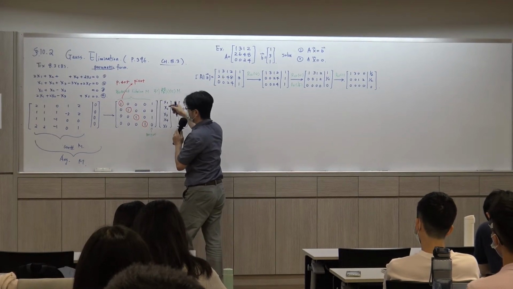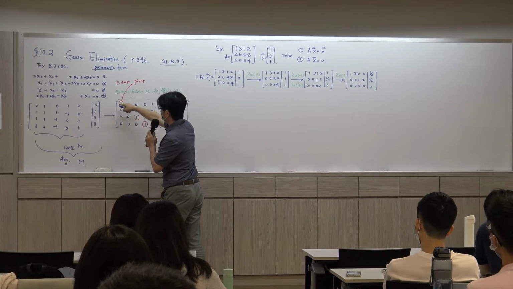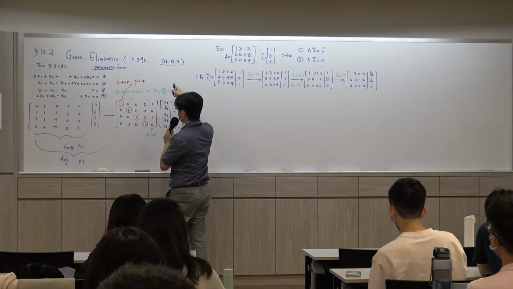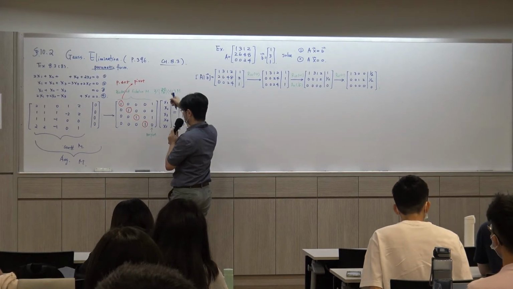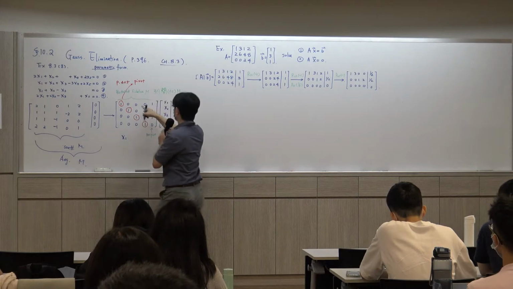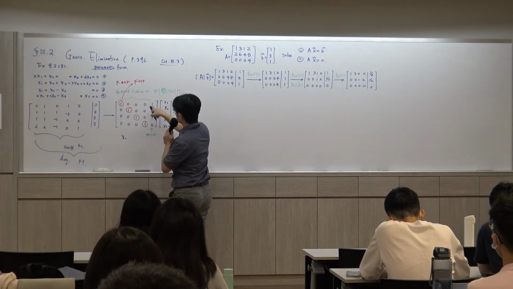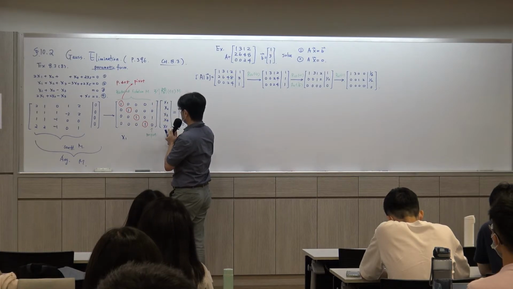The first one: the first row times the first column, we can have S1 plus S5 equals 0.